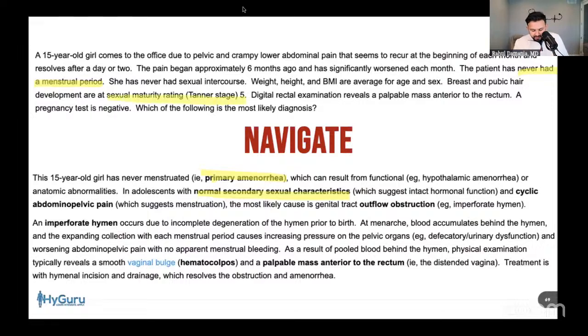Tanner stage 5. Outflow obstruction: that is going to be this palpable mass anterior to the rectum. Hematocolpos, same thing. So this is an emphasizing topic. Palpable mass, same thing right here. And what was the focal point of assessment? That is imperforate hymen.